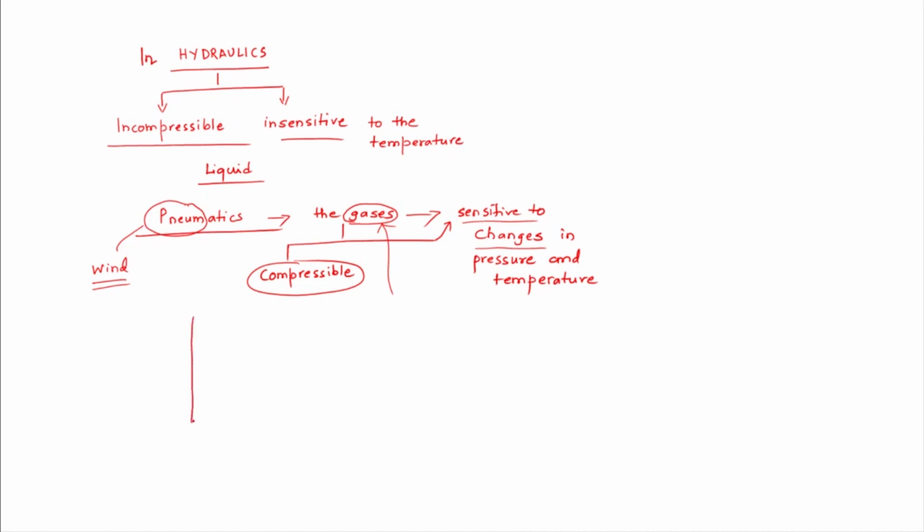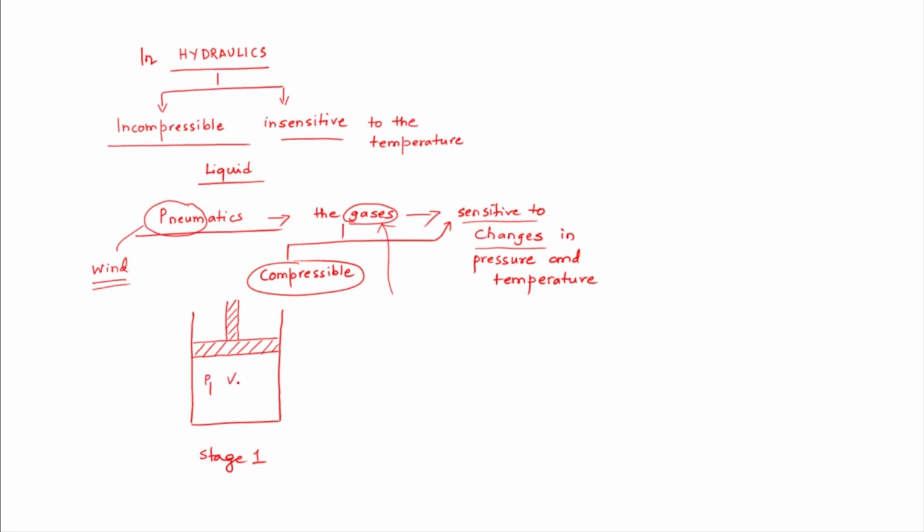So understand that particular law. Let us consider there is an open container, and that open container has certain gas. Now we are closing that container by using a piston arrangement. So in this stage 1, the gas inside the container has volume V1 at pressure P1.